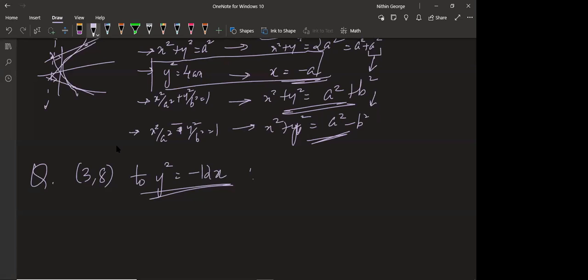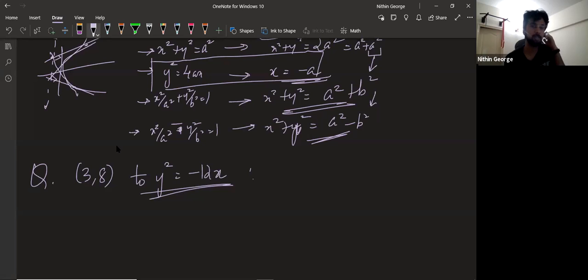So what should we find in this question? We have to find the slopes of the tangents from the point 3, 8 to this parabola.